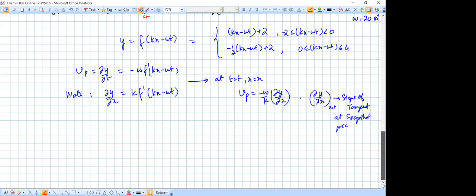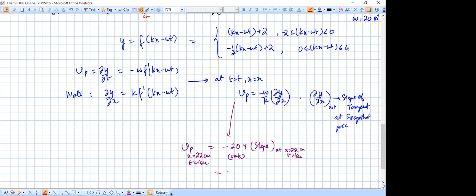Okay, so you can see over here we will substitute that. So particle velocity at x equal to 22 centimeters, t equal to 1 second, will become minus of 20, divided by 1, but that will become in centimeters per second, into slope at x equal to 22, t equal to 1 second.